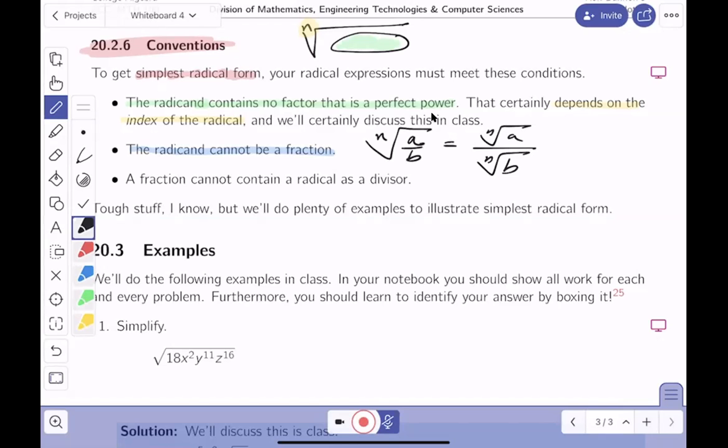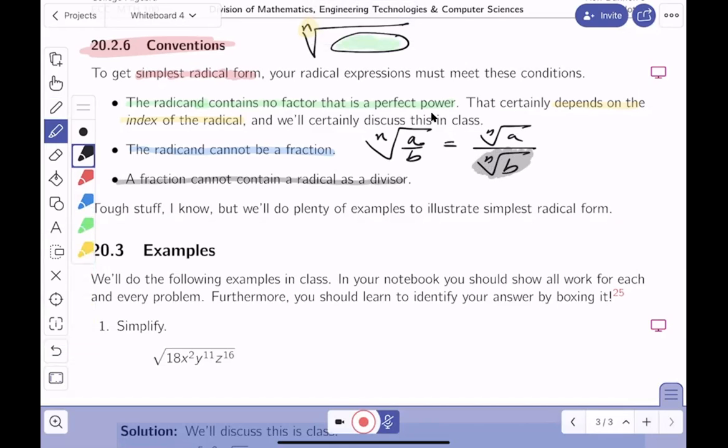But then you have an additional problem. A fraction cannot contain a radical divisor. So this here is a no-no. And what we're going to do is try to rationalize it.